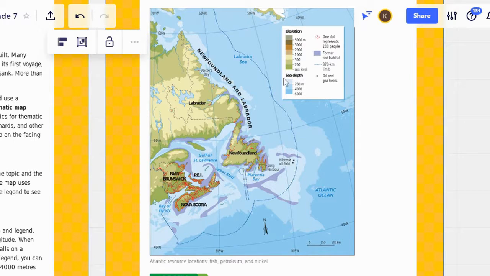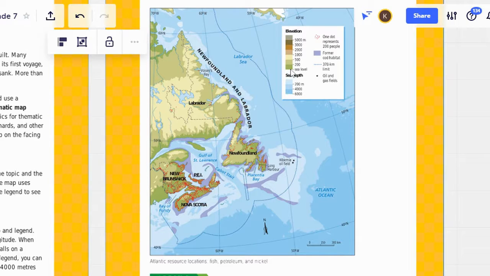So we see a lot of information here in this legend. We've got our elevation and our sea depth. So a lot of maps show how high the land is, or in the ocean, how low the ocean is. This is one of those maps where, depending on the color of the land, we can see how high it is. So the highest land would be a gray color. Like, think about mountains. Don't see any that high there.